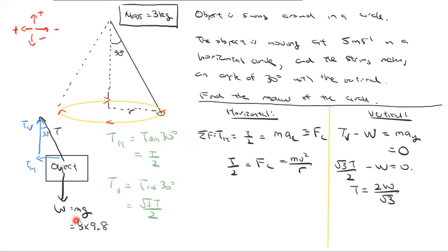So we can get w as a number, and that will be 29.4. Basically we can sub that w in on the left and then multiply by 2 over root 3. And we'll get tension equals 33.95 newtons.